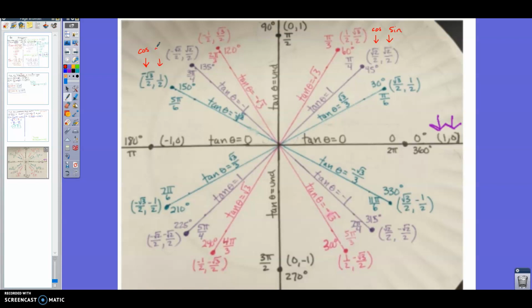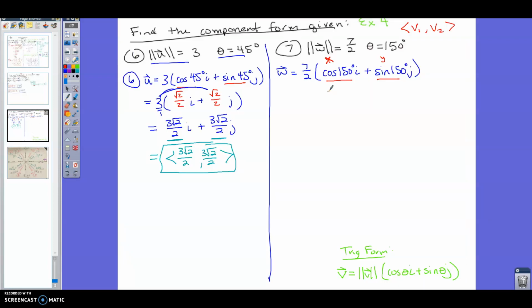And the y value is 1/2. Now everything else I'm just going to bring down. So that's 7/2, the parentheses, the plus, i, and the j. Everything else just got brought down.